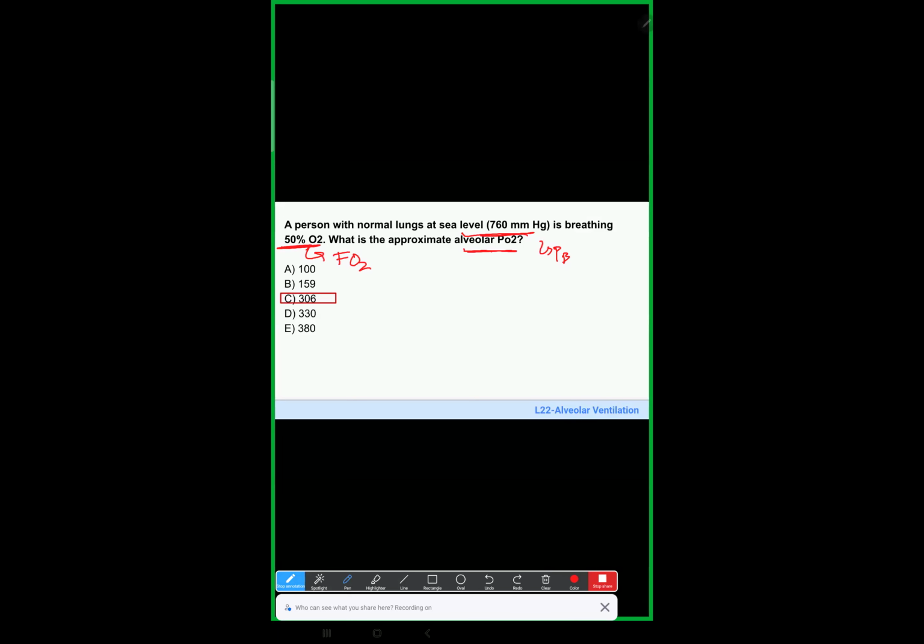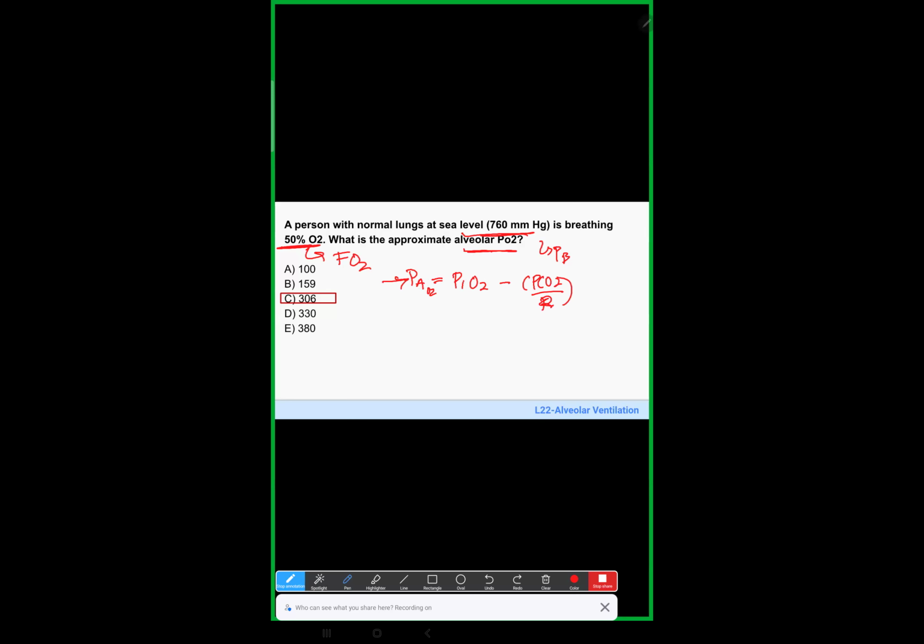So we have to use two equations here. First, in order to find the alveolar PO2, we need to know the inspired PO2 minus the PCO2 over R. So this is the first equation in order to find the alveolar PO2.